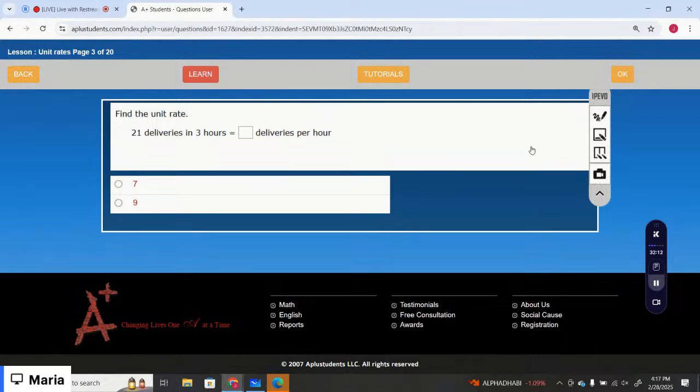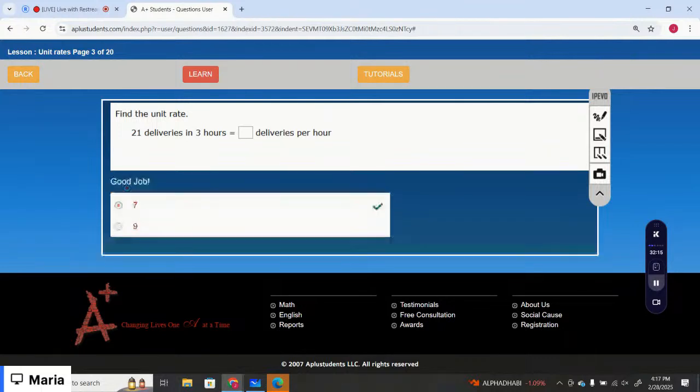That is 3 times 7 is 21. So 7 deliveries per hour. Option number 1 is the correct option.